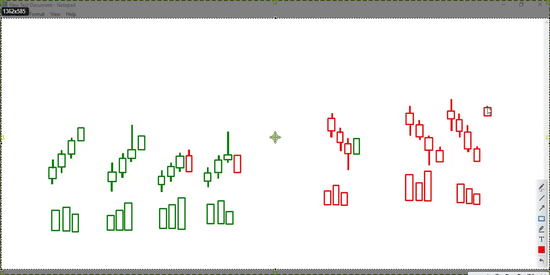Okay, so another thing is when we see first, second, and third candle, so in this case what we see, this one, and this one.